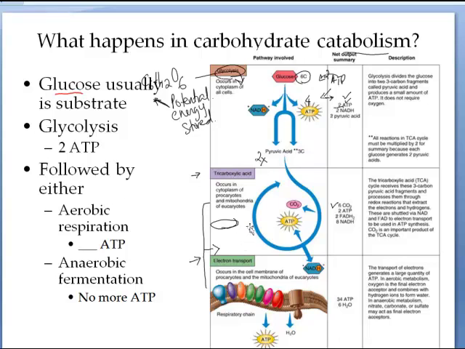Now, at the end of the tricarboxylic acid cycle, many electrons are being released, and these electrons are then taken up by the third series, which is called the electron transport chain, which occurs in the membranes of prokaryotes and in the mitochondrial membranes of eukaryotes.